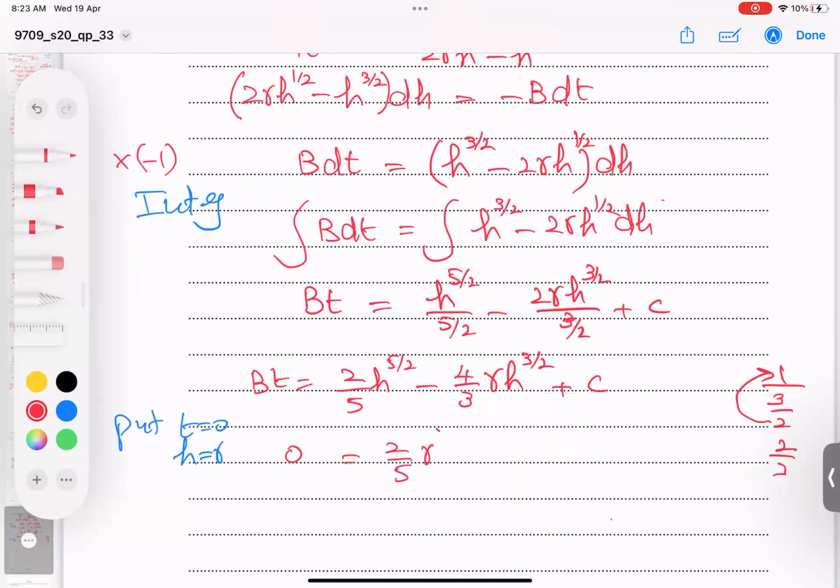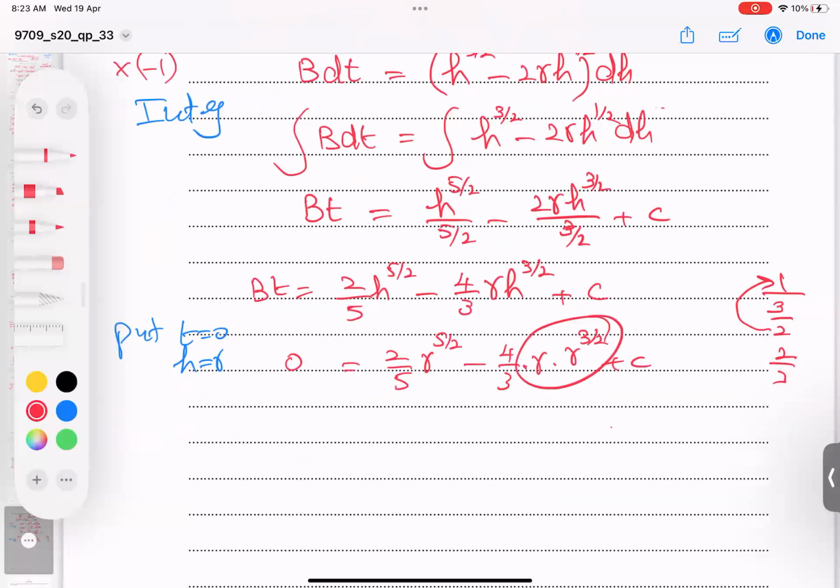So here h to power 5 over 2 and 4 by 3 r as it is, but this h also r to power 2, plus c. And this is a half, power half plus 1 becomes 3 by 2. So I'm getting 2/5 r^(5/2) minus 4/3 r^(5/2) plus c equal to 0.